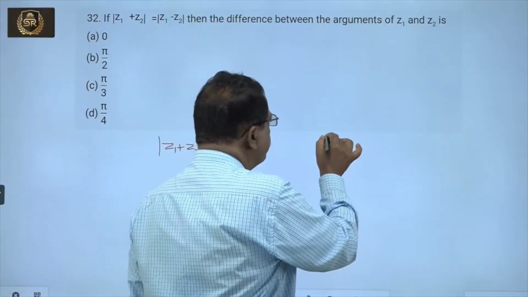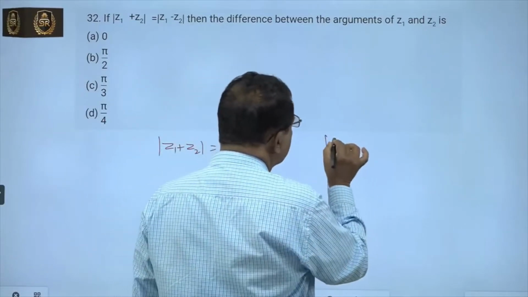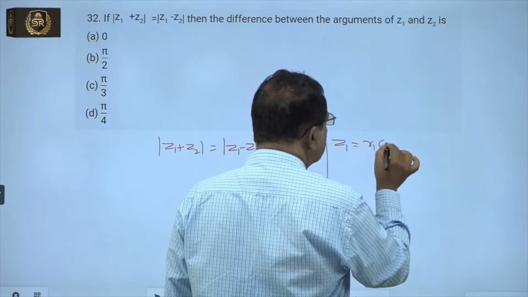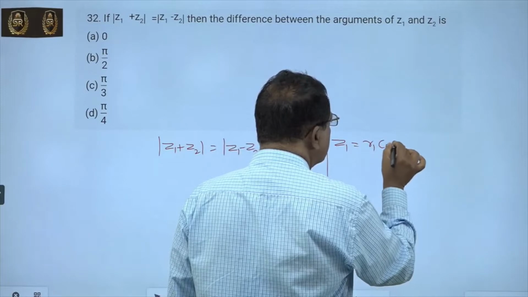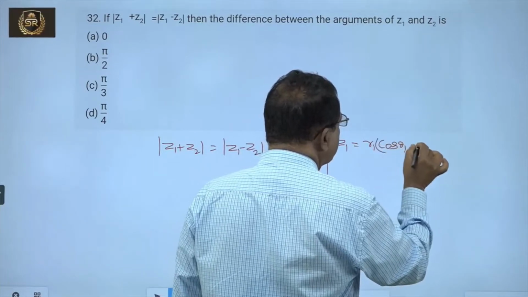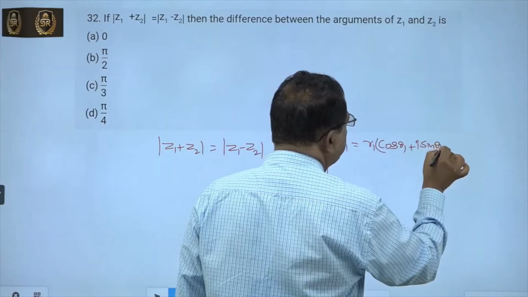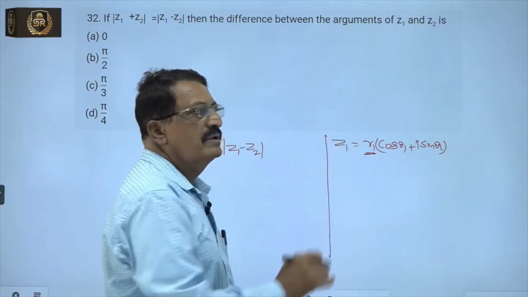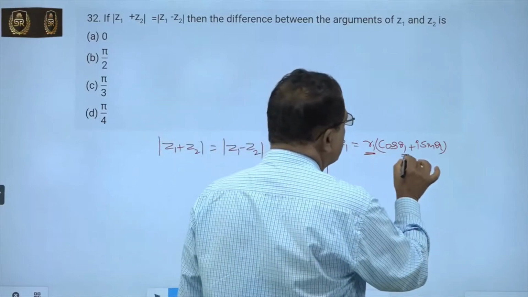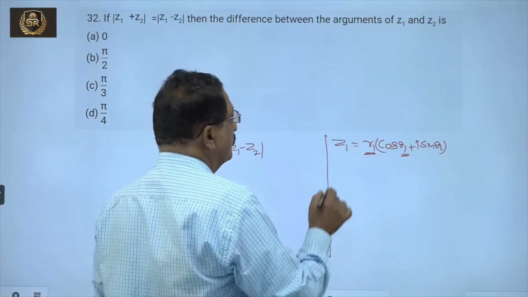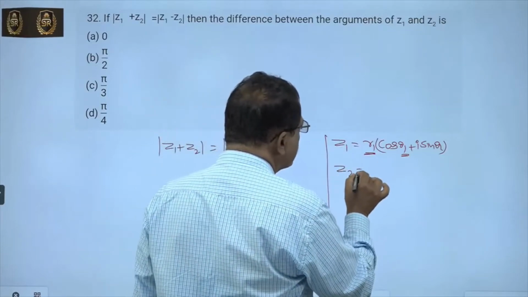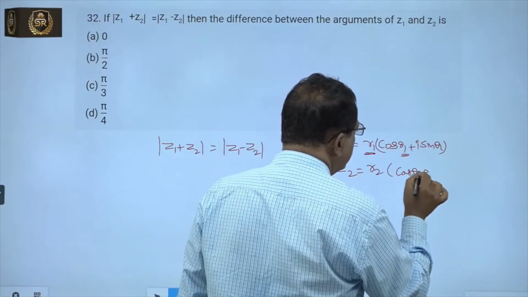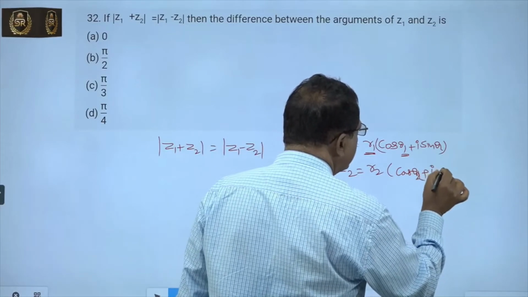First, consider z1 equals r1 of cos theta 1 plus i sin theta 1, polar form. Here r1 is the modulus of z1, theta 1 is the argument of z1. Next, z2 equals r2 into cos theta 2 plus i sin theta 2.